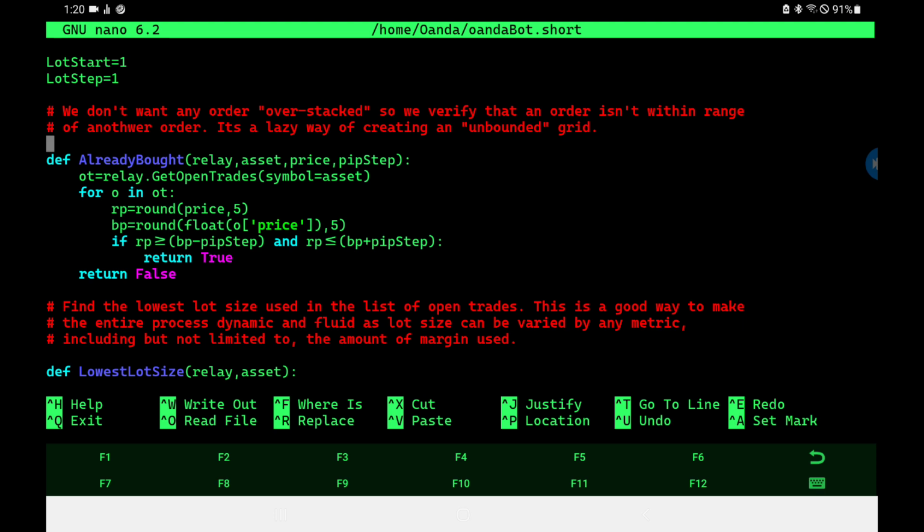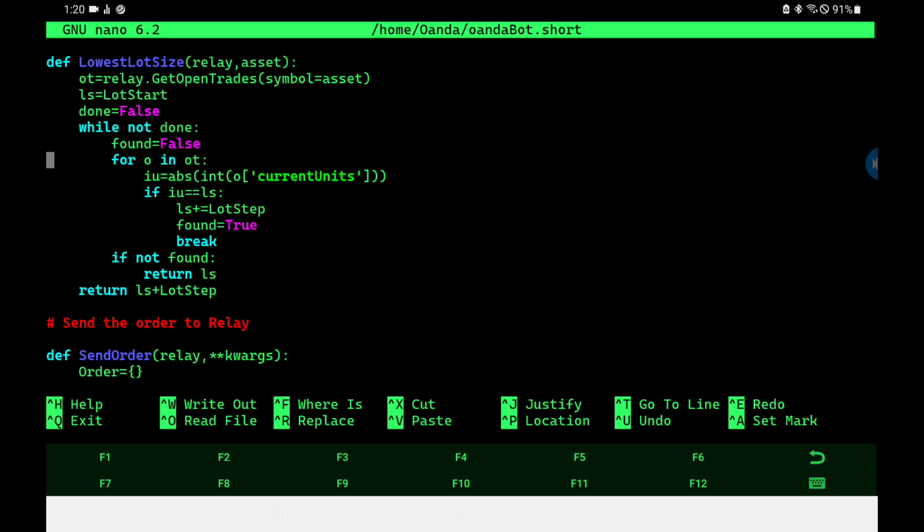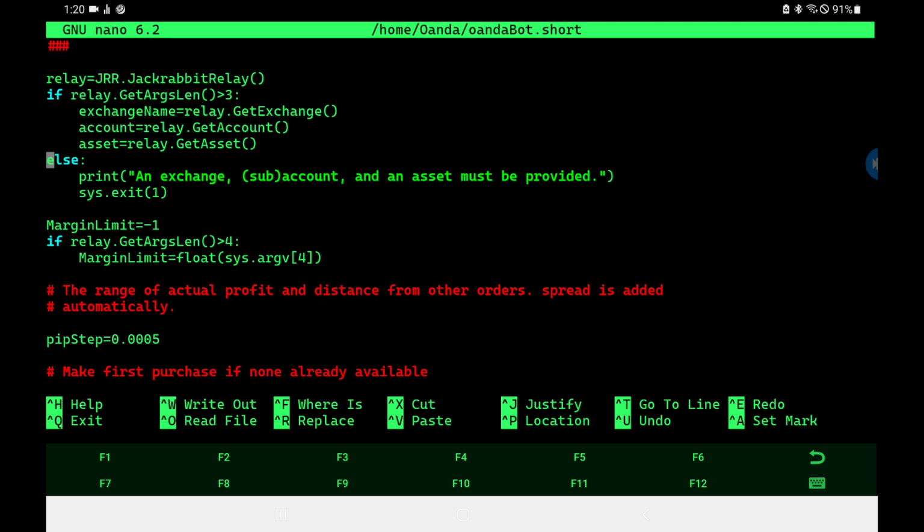So let's go right into the actual bot. Now this is a grid bot. That means it makes purchases at explicit intervals and certain distances in between each other, so that it can ride up and ride down the market without having to worry about just how the market changes.